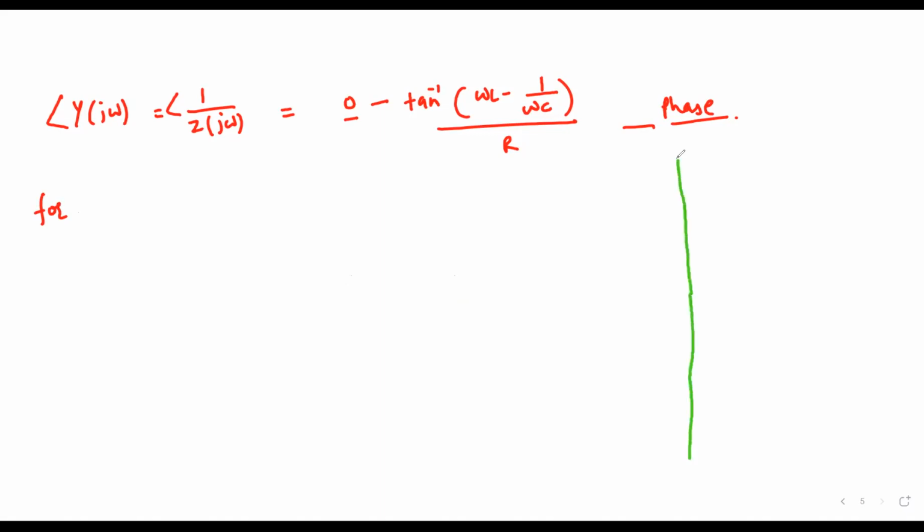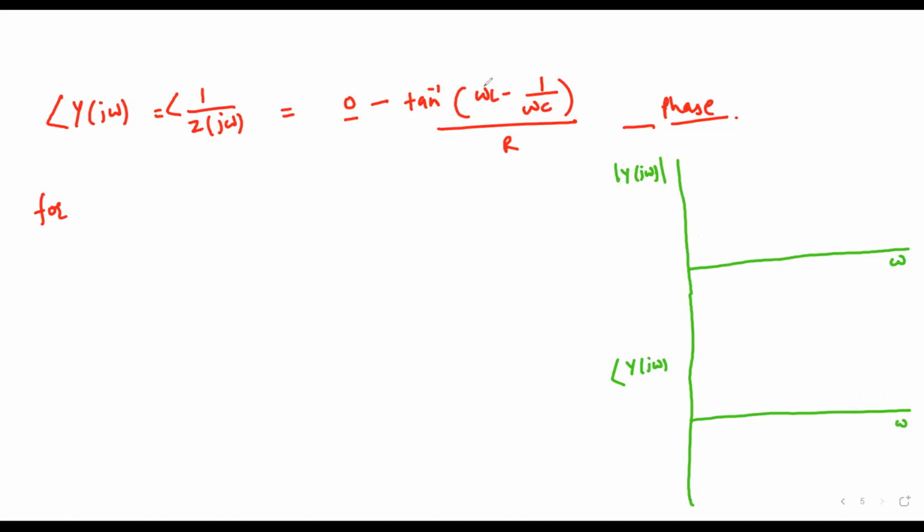Let us say this is Y of j omega magnitude, and here the angle of Y of j omega. And this axis is our frequency, omega in rad per second, the angular frequency.